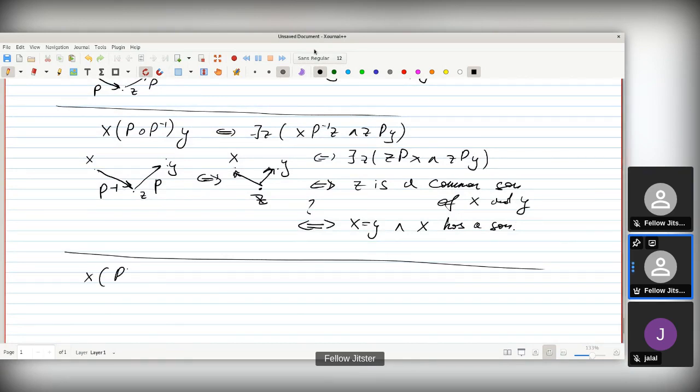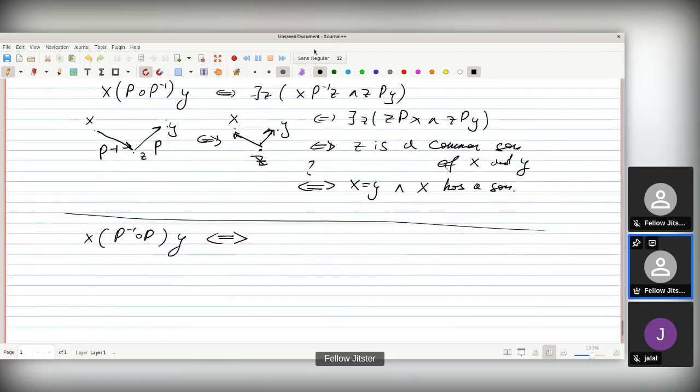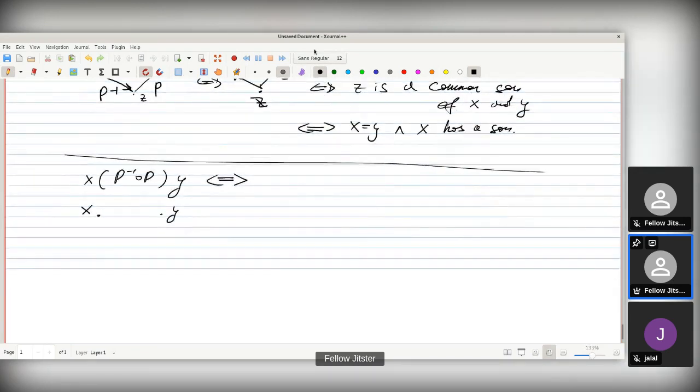And what about this one? What about this relation? What does it mean? X is the father of Z. There is some z.